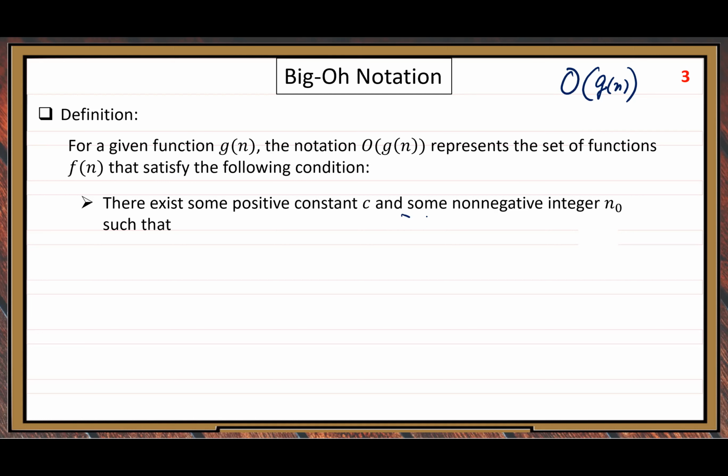Here is another special number that I didn't mention before, but here we need it. Some non-negative integer n0, such that this inequality, we only have the upper bound, f of n less than or equal to c times g of n, for all n greater than or equal to n0.